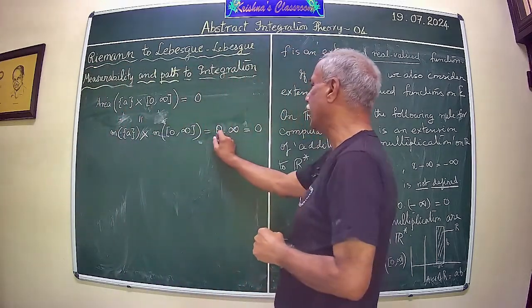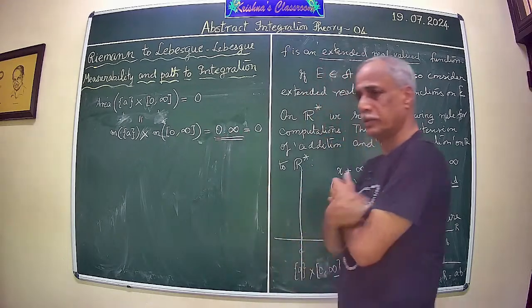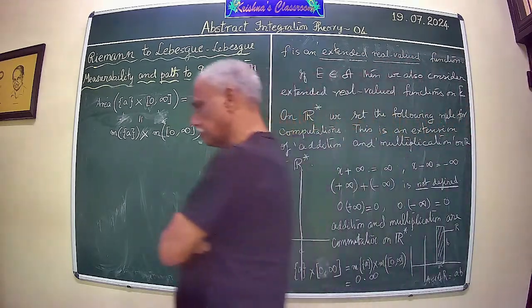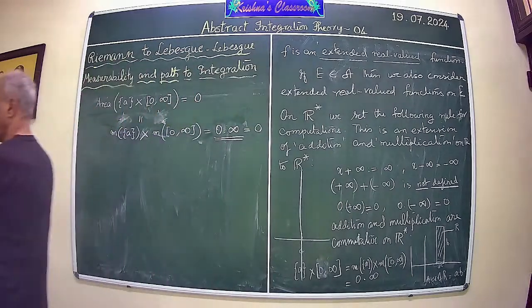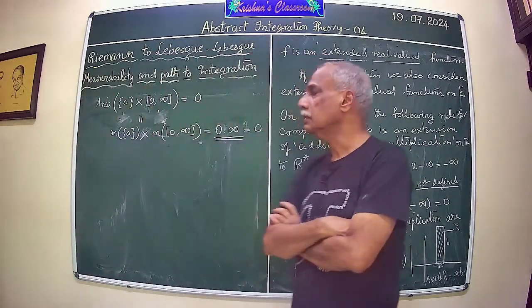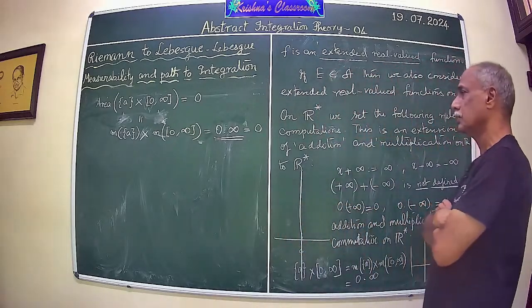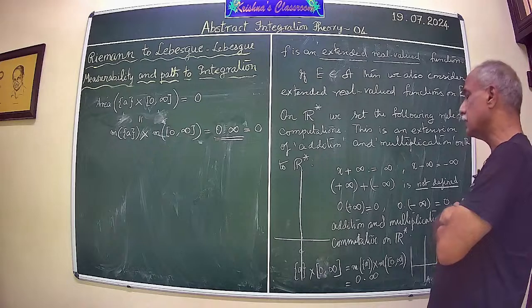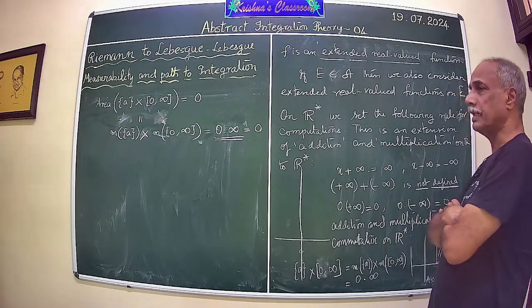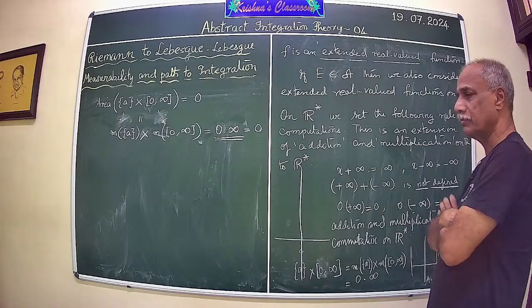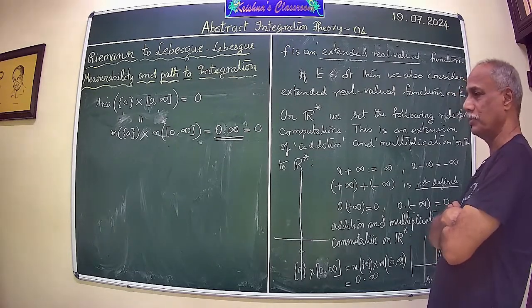So you need a calculus of the extended real line to follow the following multiplication rule, namely 0 times infinity is 0. The other one is that plus infinity minus infinity need not be finite; you don't know.